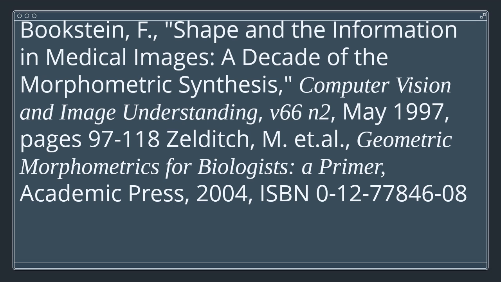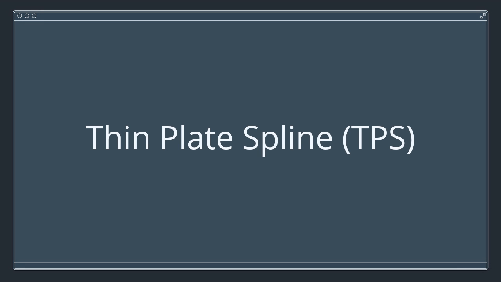Bookstein goes on to say that it's worth uncovering that deformation before going after another type of deformation called the non-uniform part. That will be explained later by citing another reference here in a slide entitled Thin Plate Spline. But first, it's important to continue the present train of thought.